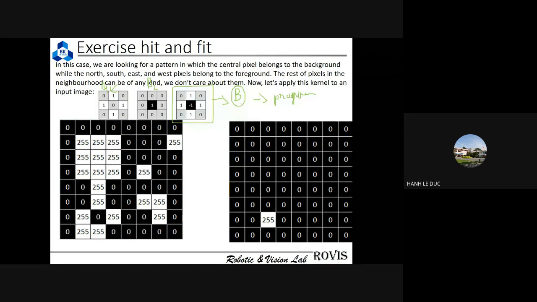How can we define it? As I said before, 1 here is 255, and minus 1 is 0, and here they don't care. Then we can use this kernel for programming.